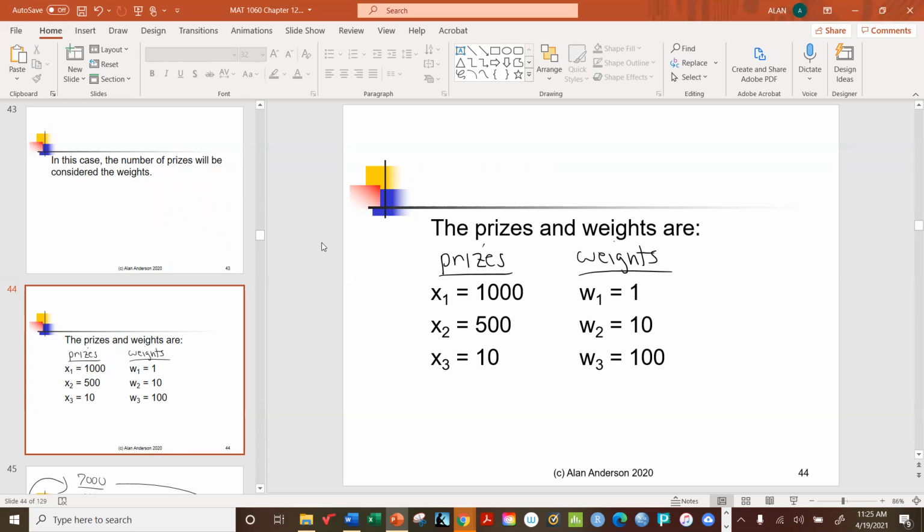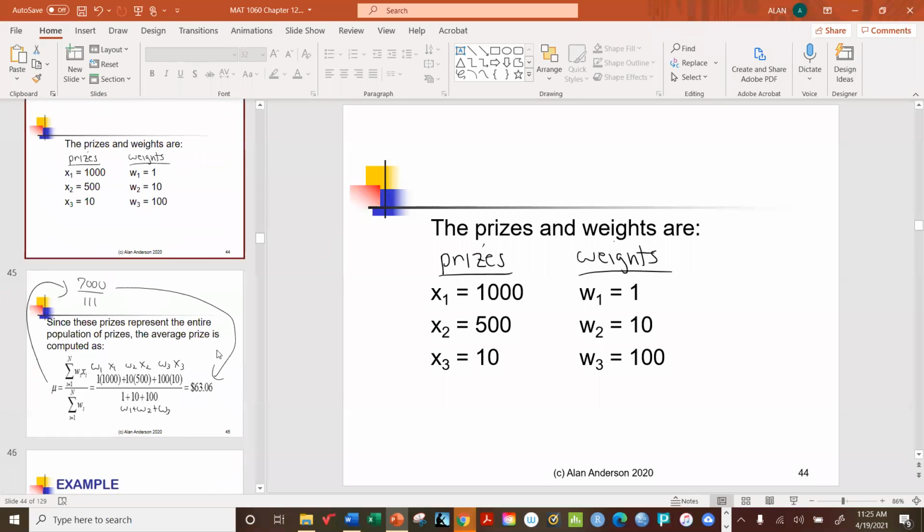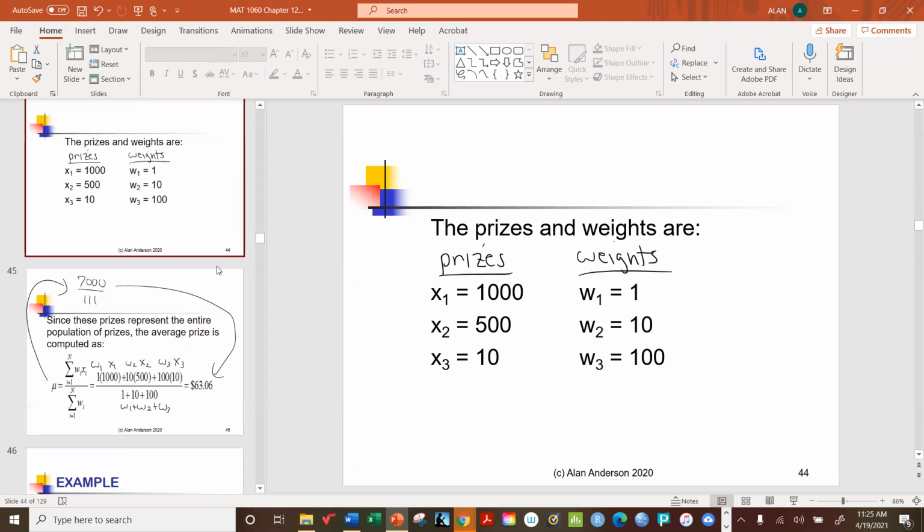Remember, you have to be careful here. Just think in terms of the weights as frequencies. How often does this happen? How often do you observe X1, X2, and X3? Once you've got that straight, you can easily plug in these numbers and you'll have your answer.